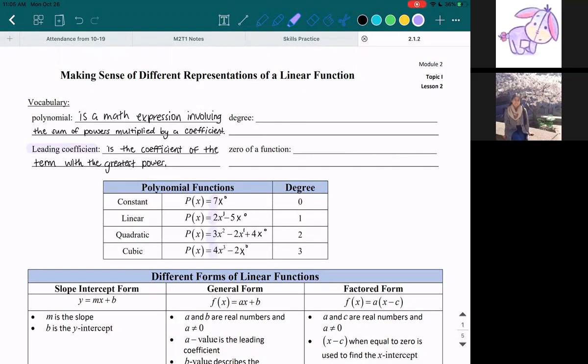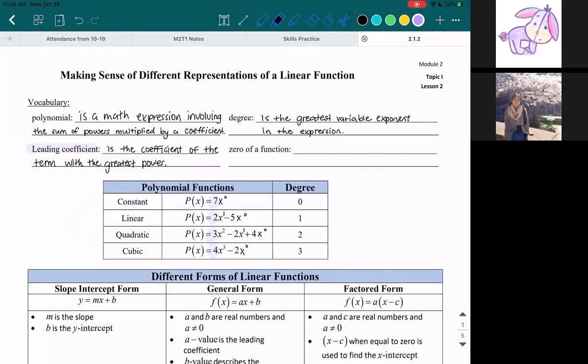All right. Let's also do degree. So the definition of degree is the greatest variable exponent, meaning it's the greatest power in the expression.